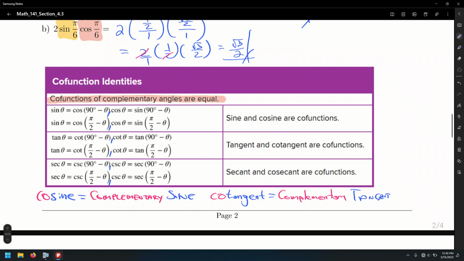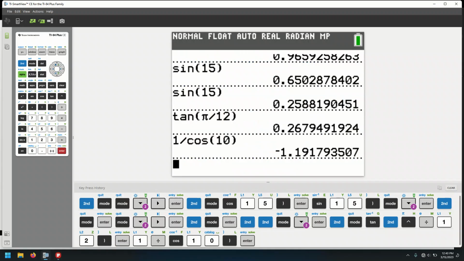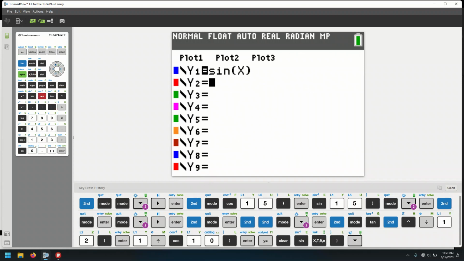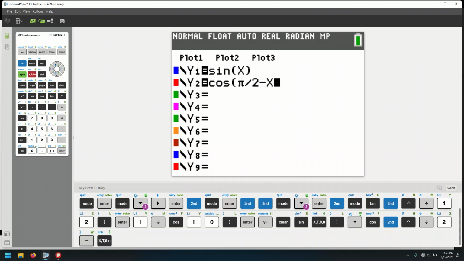All right, how about we see this graphically? I know we haven't looked at the graphs of the trigonometric functions, so let's do the following. I'm going to remain in radian mode. So I'm going to write down sine x, and at the same time I'm going to write cosine of pi over 2 minus x, where theta is represented by x.